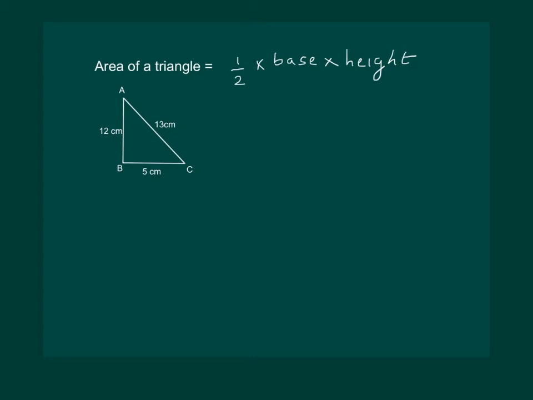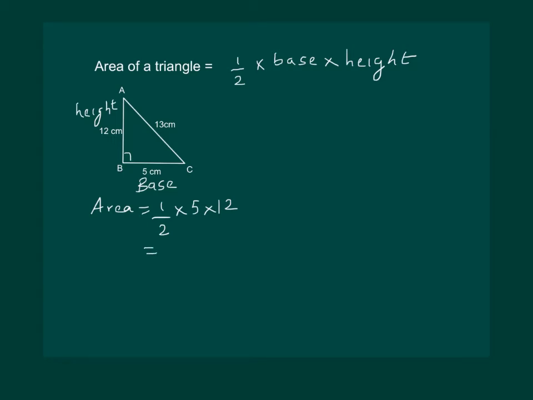When the triangle is a right angled triangle, we can directly apply the formula by considering one of the sides as base and the other one as height, and then the area will be half into base into height.